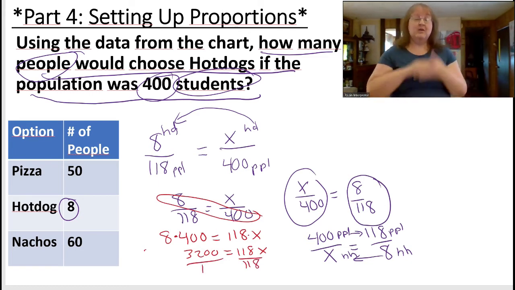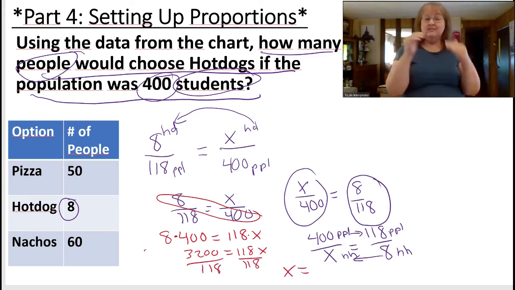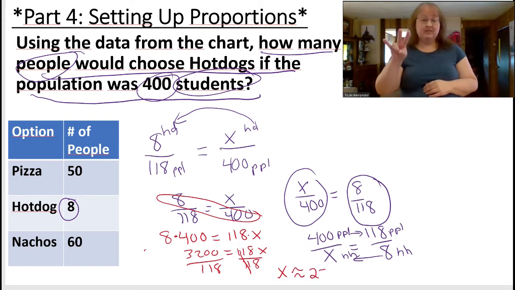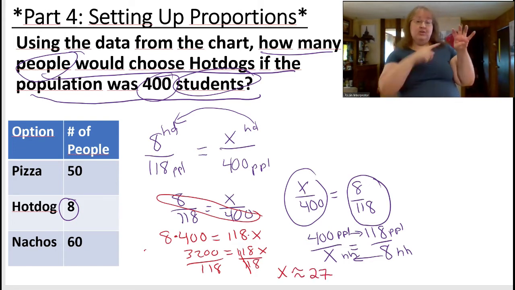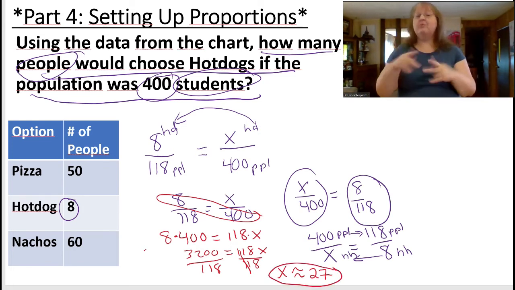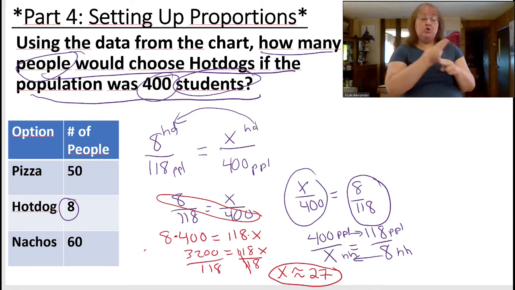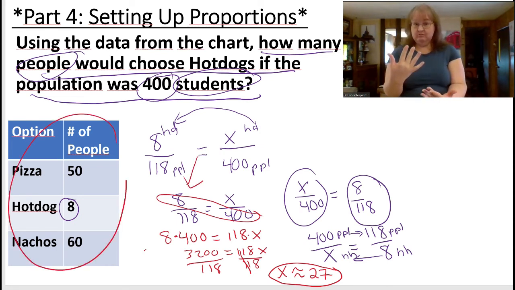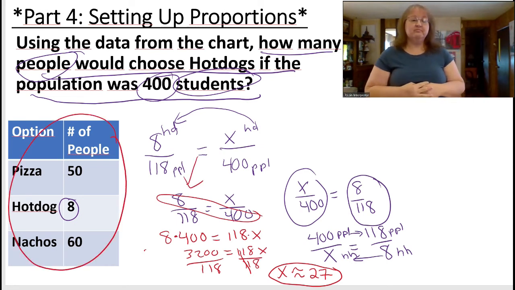Divide by 118, x is approximately 27. So approximately 27 people out of 400 would want hot dogs, based off the data that's given to me.